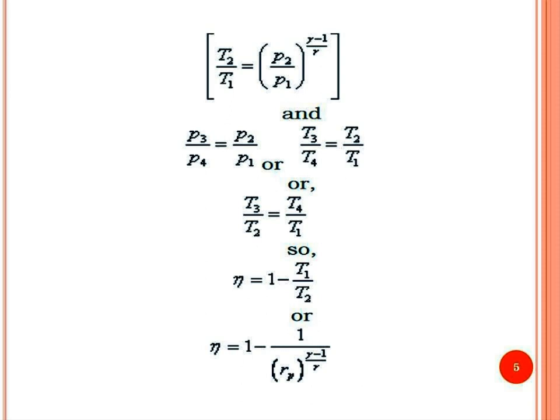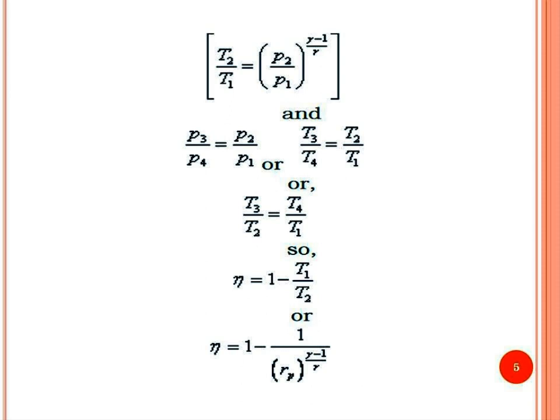Now P3 by P4 is again equal to P2 by P1, that is the pressure ratio, or you can say T3 by T4 equals T2 by T1, or upon rearranging, T3 by T2 equals T4 by T1.